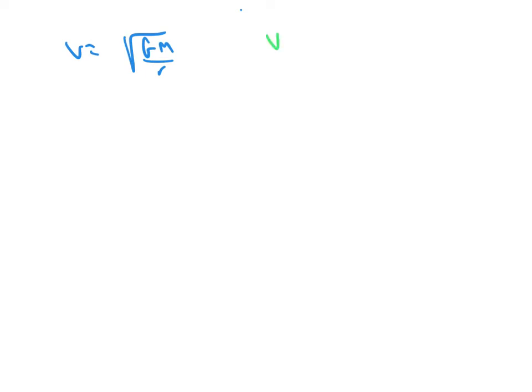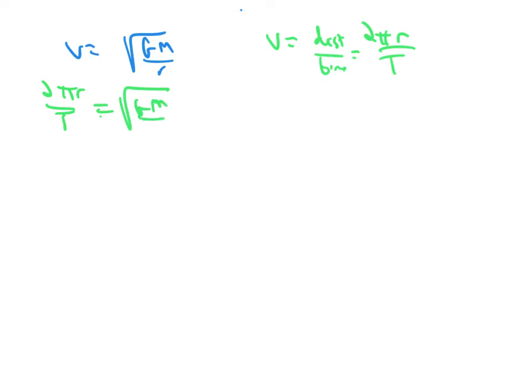But we also know that the velocity is going to be the distance over the time. The time is 1 period T, and the distance is 1 circumference, 2 pi r. So I can say that 2 pi r over T is root GM over r. Square both sides, and I get 4 pi squared r squared over T squared, and over here I get GM over r.